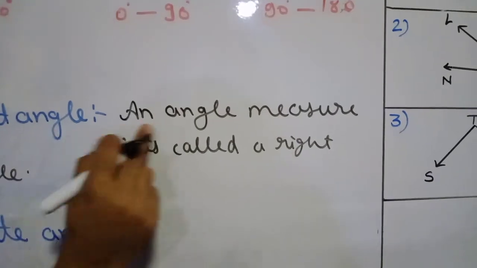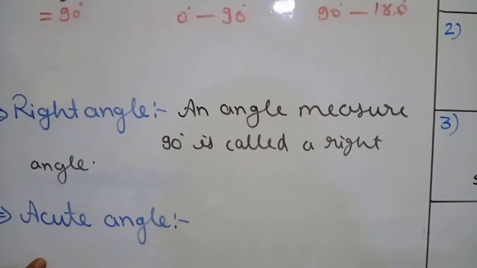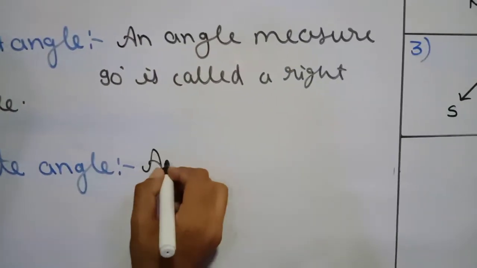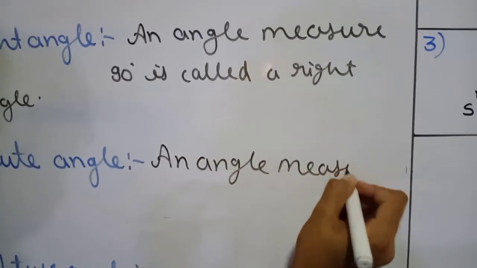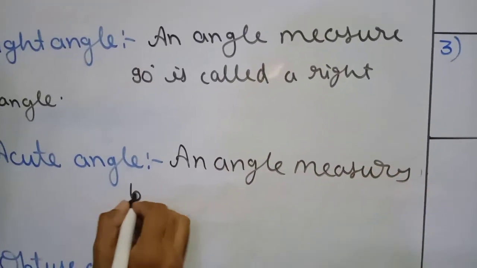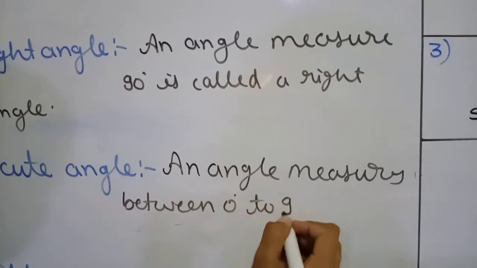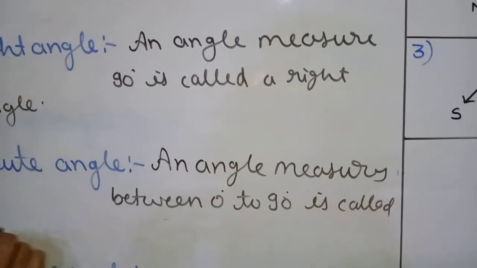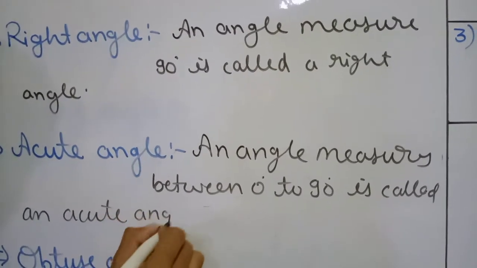An acute angle: an angle that measures between 0 degrees and 90 degrees is called an acute angle.